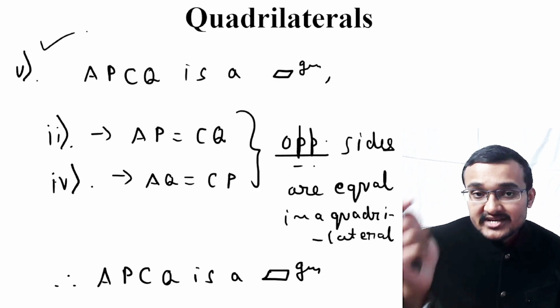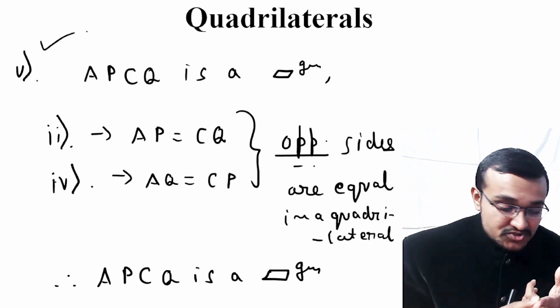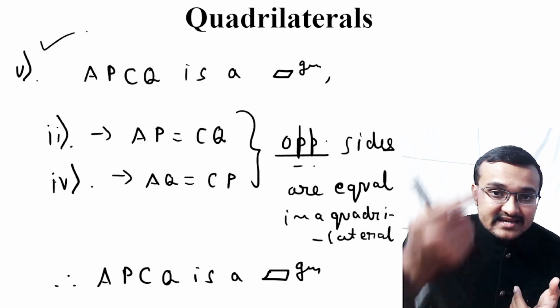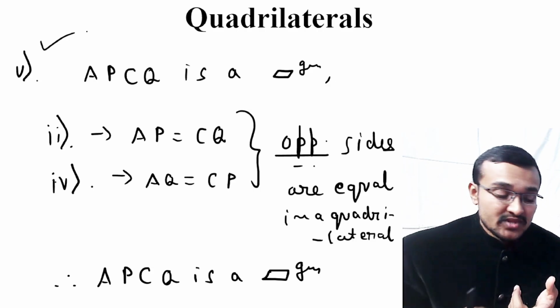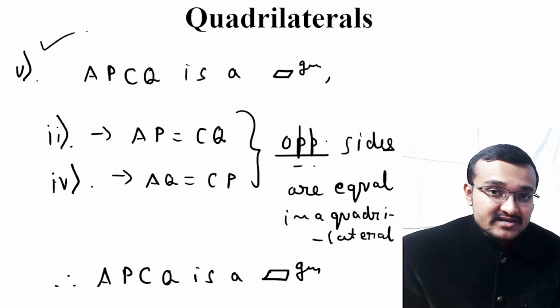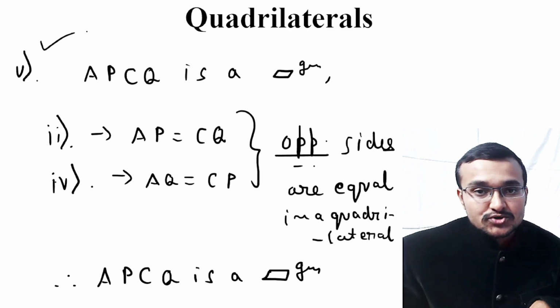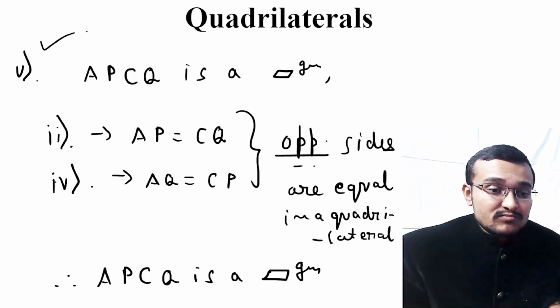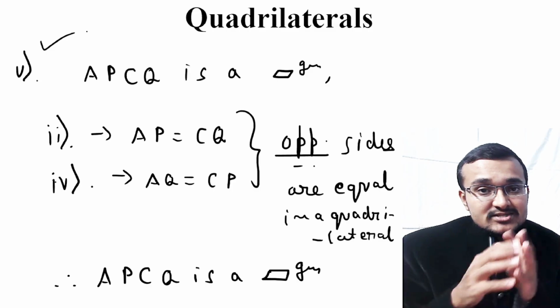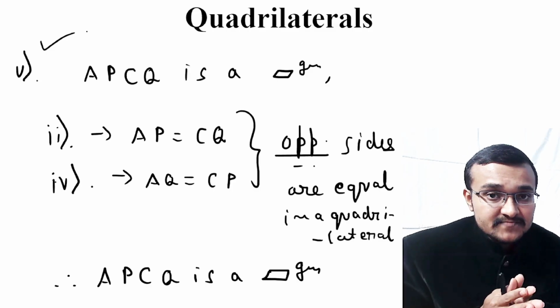Then you need to prove the first question, that triangle APD is congruent with triangle CQB, and then you have to prove AP is equal to CQ. Then you have to prove AQB is congruent with CPD, and then you have to prove AQ is equal to CP. Then you can come to the conclusion that AP is equal to CQ and AQ is equal to CP, that is, opposite sides are equal to each other.